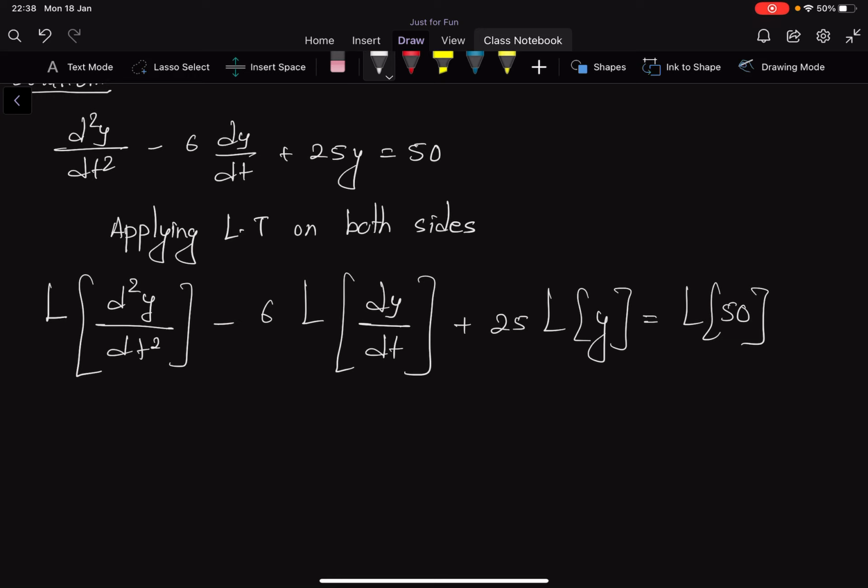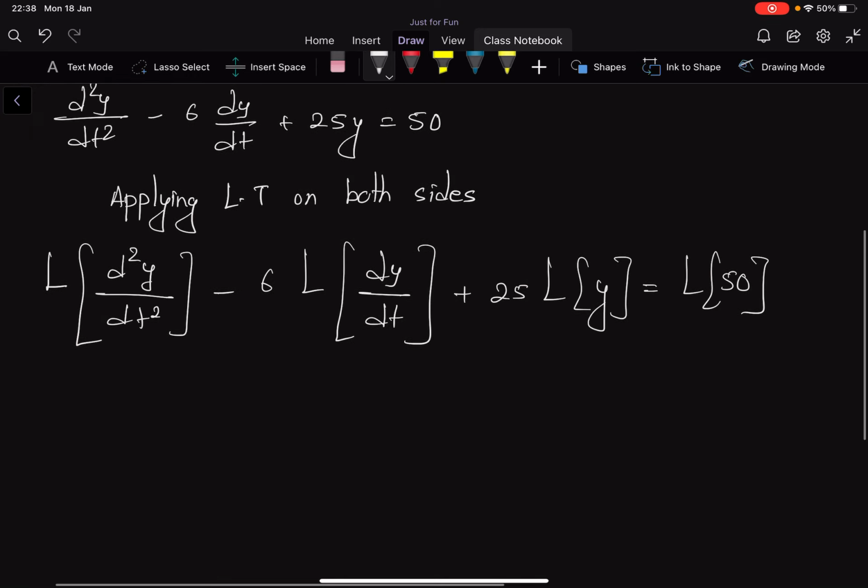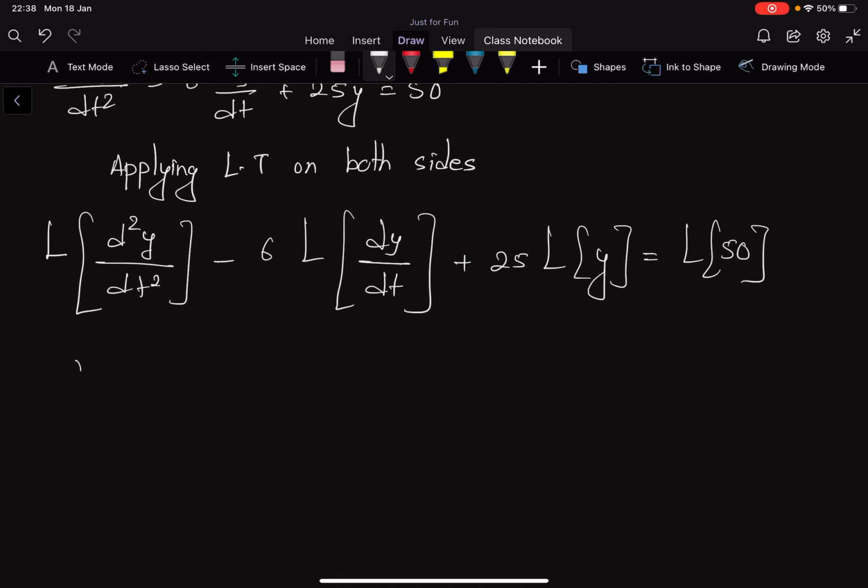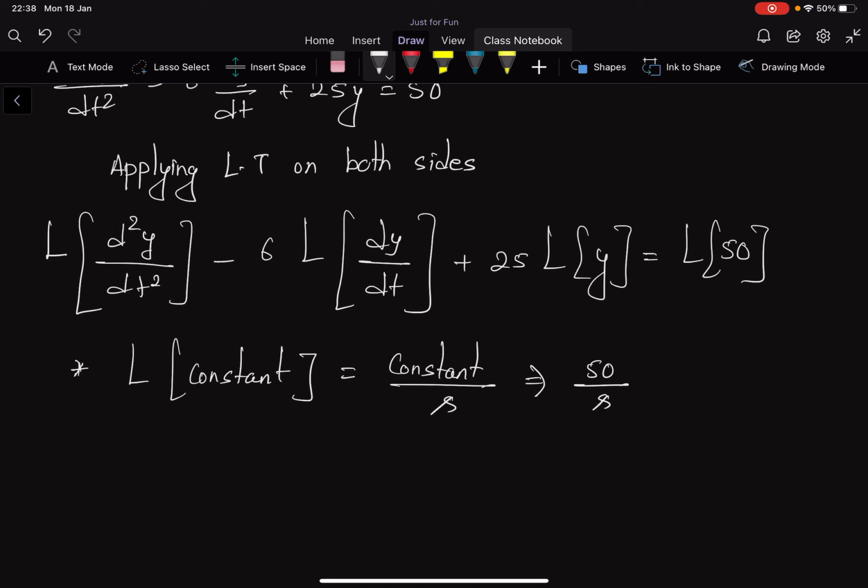The first formula is the Laplace of a constant, which is constant over s; in our case here it is 50 over s.